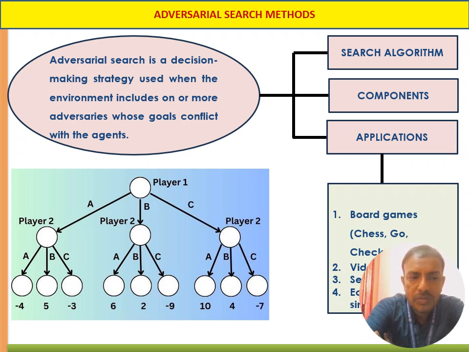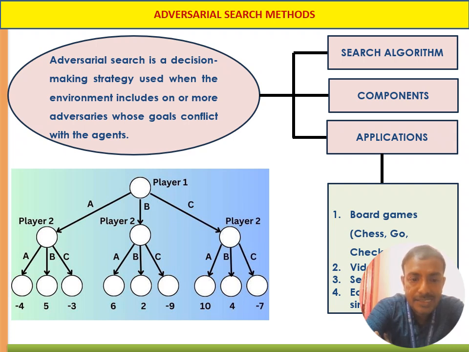If you look at the values -4, 5, -3, here it is taking the minimum value. In this example, -4 is the minimum value. So action A, player 2 has -4 as the minimum value. If you take action B, again there are three values, 6, 2, -9, in which -9 is the lowest value. So it is taken to the further level as -9.